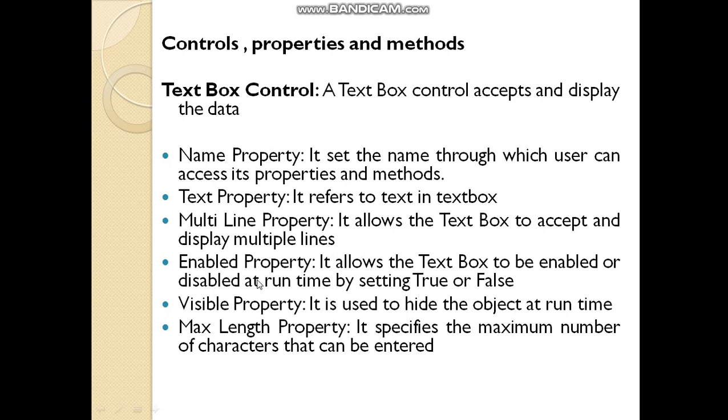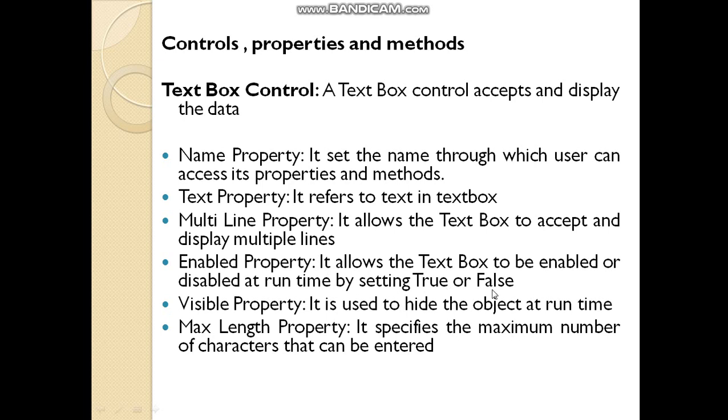The next one is the enabled property. The enabled property allows the text box to be enabled or disabled at runtime by setting true or false. By default, it is always true.